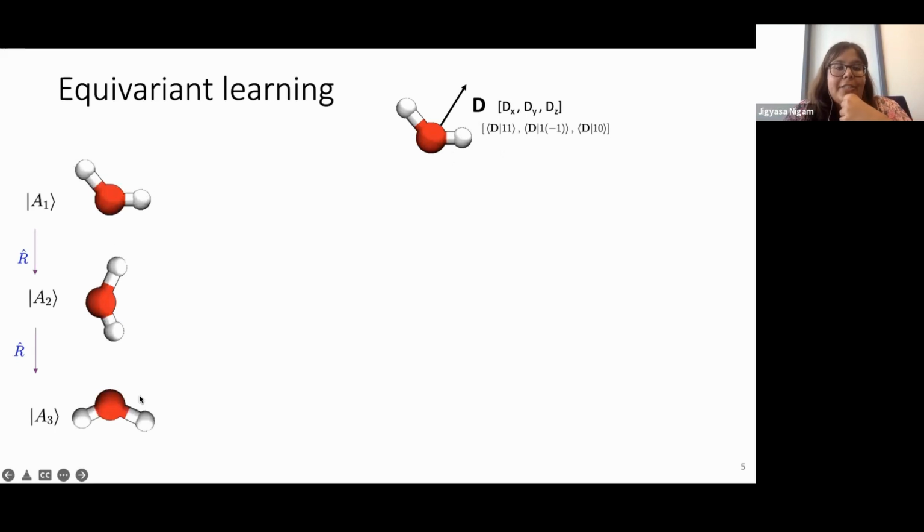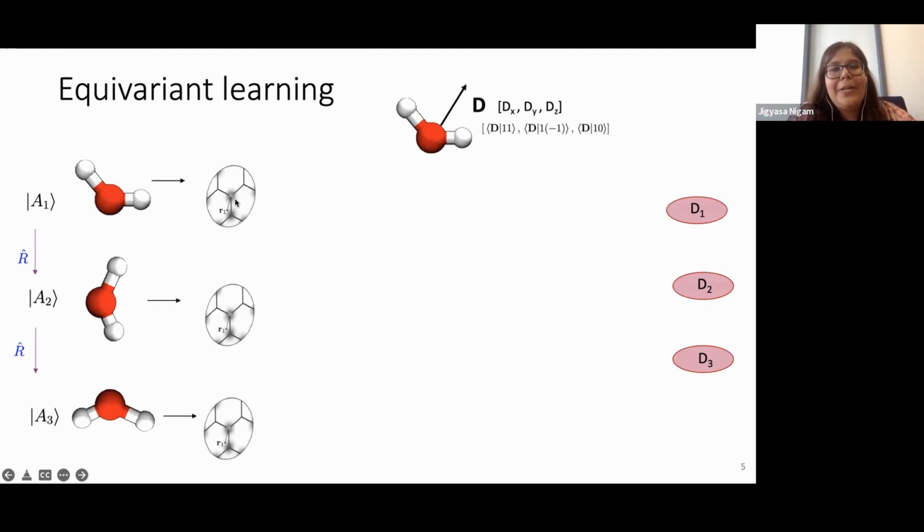So again, I have these 3 different input structures, which are rotated copies of each other. And now instead of mapping to one output, they map to 3 different outputs. Now these outputs are also related to each other by rotation. And so you start by building atom-centered densities again, just by the framework that I described to you before. And then you consider this additional function, right?